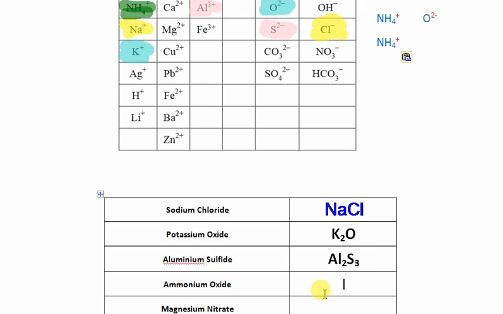So how do we write the formula for this? Because ultimately, if I just put in NH4, now I've got 2 of those. I can't just put a 2 on the end because it's going to look like NH42.